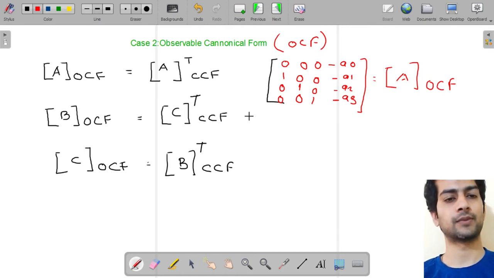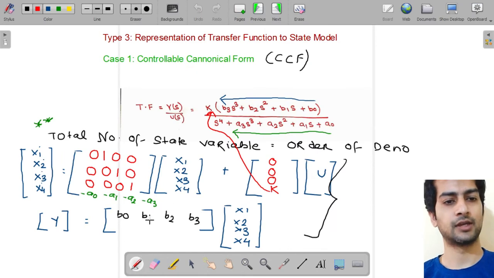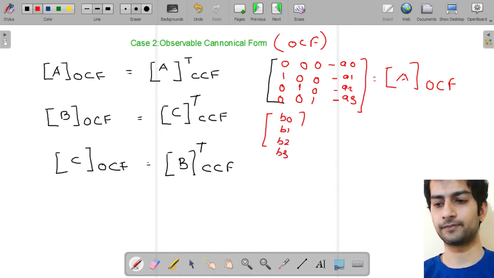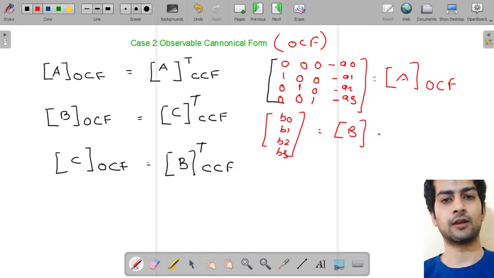Now if we want to find matrix B of observable canonical form, then what we have to do is take a transpose of matrix C. If we take the transpose of matrix C, we will get B naught, B1, B2, B3. This will be our matrix B in observable canonical form.